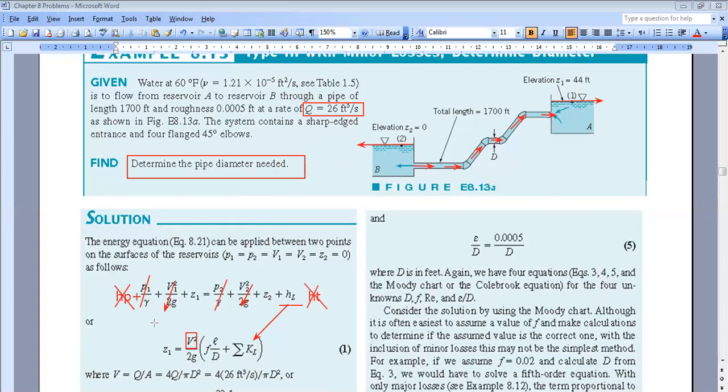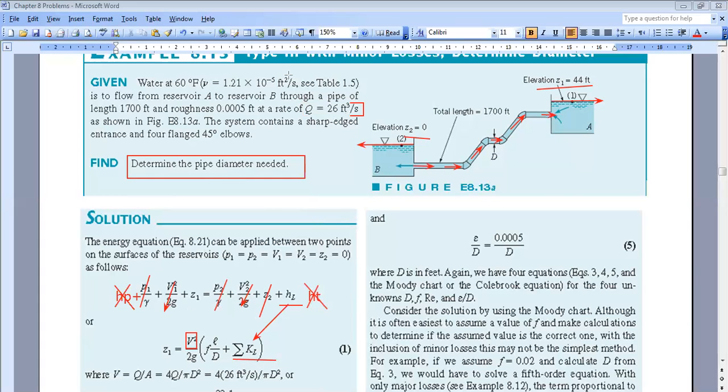Before moving to the second relation, which is for the volumetric flow rate, just for Z1 and Z2, you can replace them. You have Z1 equal 44 and Z2 equals 0. Since Z2 equals 0, it will cancel out. I will replace Z1 by its value. So I still need only to compute the sum of K, and we already have seen together how to find them.